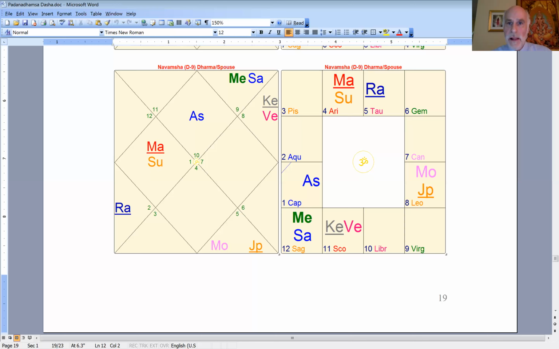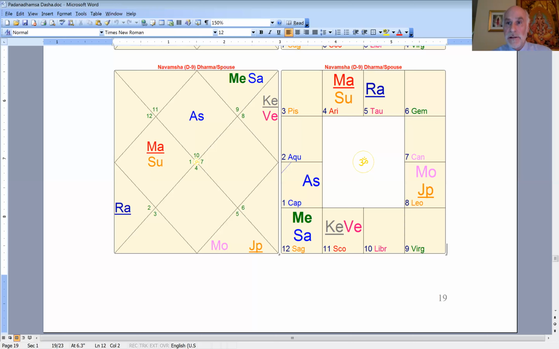And notice how the very combinations that were given in the Jaimini Sutra, where you want to see either the influence of the natural benefics, Jupiter, Mercury, and Venus, and or the Moon, onto the first house or the fifth house from Karakamsha or Swamsha Lagna in this case. That's exactly what we see here in total, and then even more.